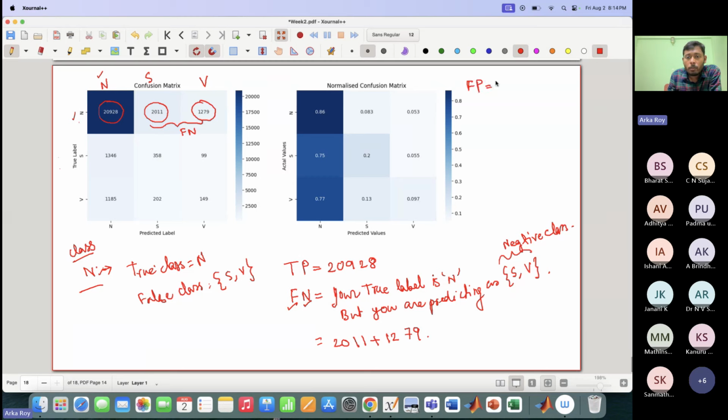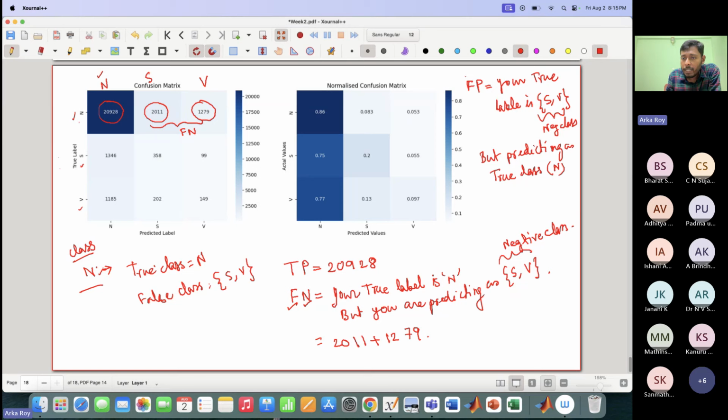Now let us talk about false positive. False positive means your true label is either S or V, that means the negative class, but you are predicting it as the true class, that is N. So what I have written is your original label is either S or V, which are the negative classes, but you are predicting it as N, which is the true class.